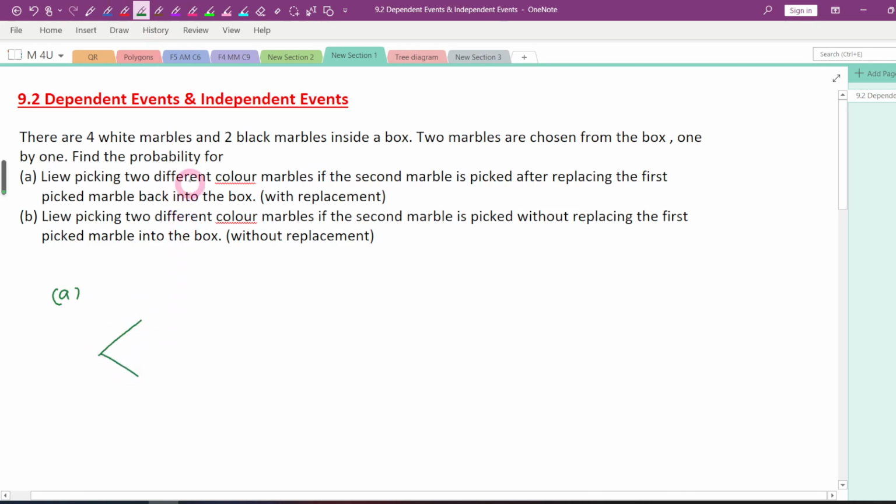Because we know there are 2 colors of marbles inside the box, right? White or black. So first marble, white or black. Second marble, still the same. We have 2 colors.